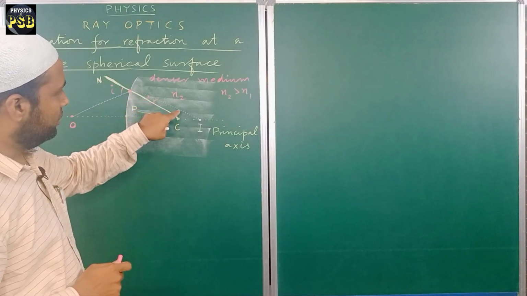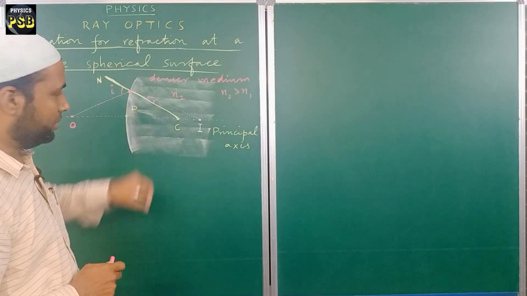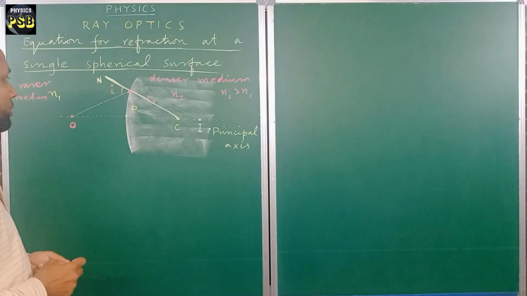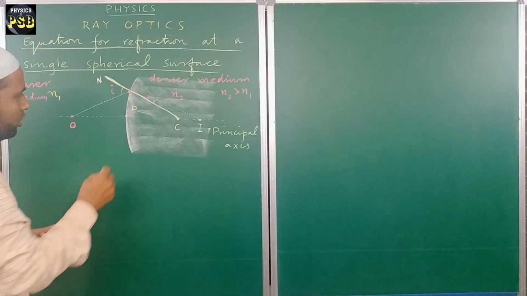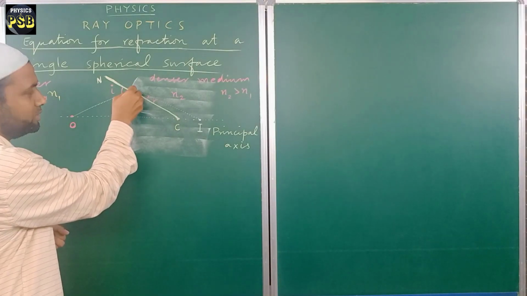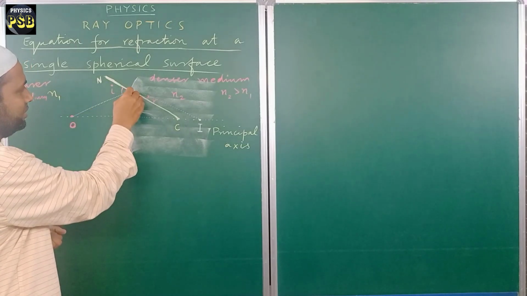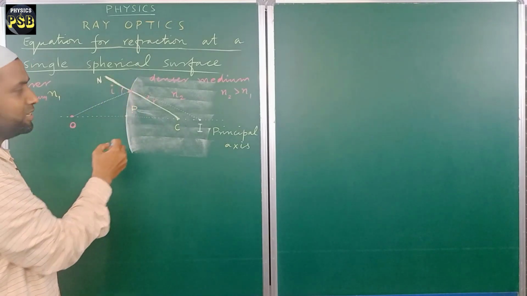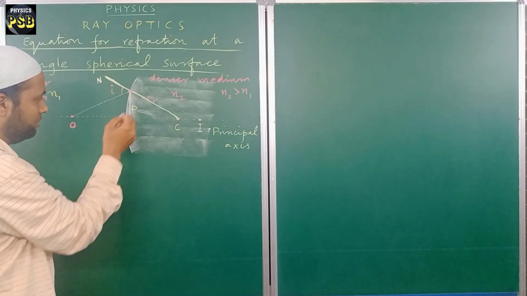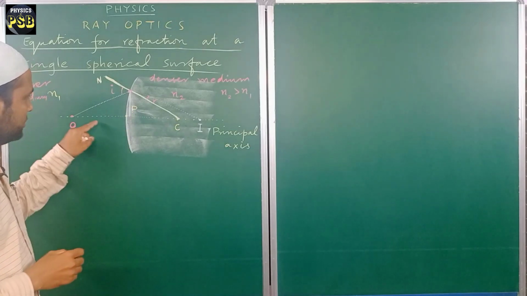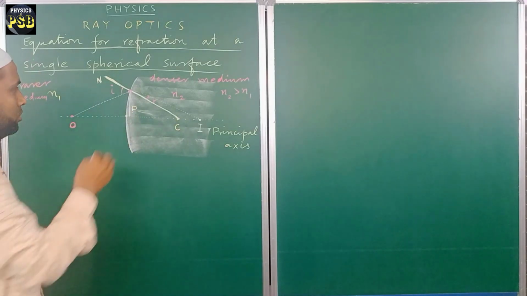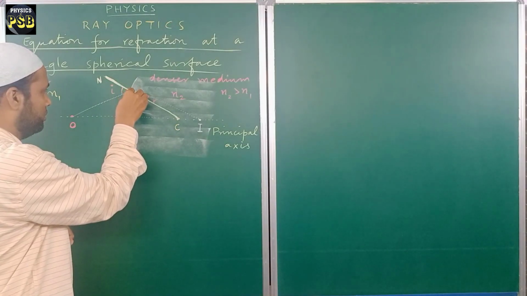The angle between the deviated ray and the normal is referred to as the angle of refraction, represented by the letter R. Now I drop one perpendicular from the point where the light is incident on this spherical surface. This perpendicular line meets the principal axis at a point very close to the pole.